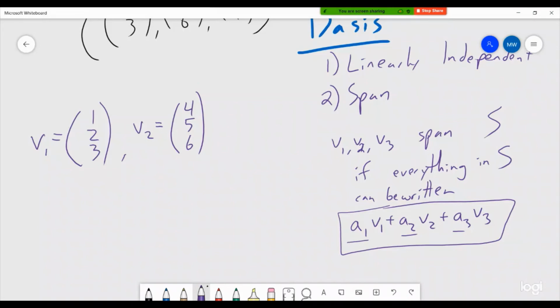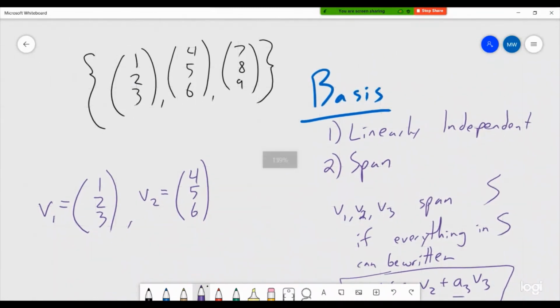So the vector v1 equals 1, 2, 3 does not span our set here because, for example, we can't write 4, 5, 6 as only scalar multiples of 1, 2, 3. It's just not possible for us to do that.